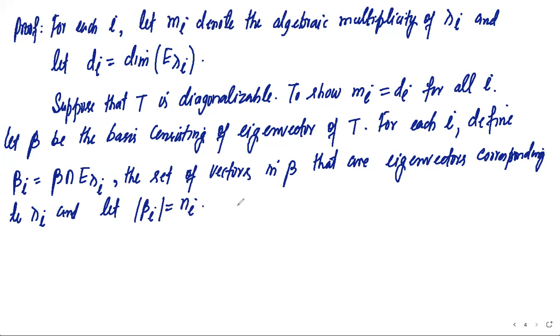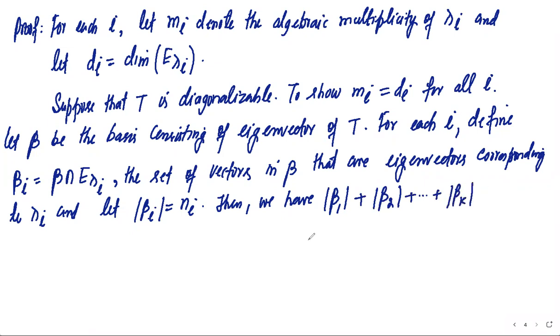Then we have these equations. The cardinality of beta_1 is n_1, the cardinality of beta_2 is n_2, and so on, and the cardinality of beta_k is n_k. Then the cardinality of beta_1 plus beta_2 plus up to beta_k is n_1 plus n_2 plus so on plus n_k.